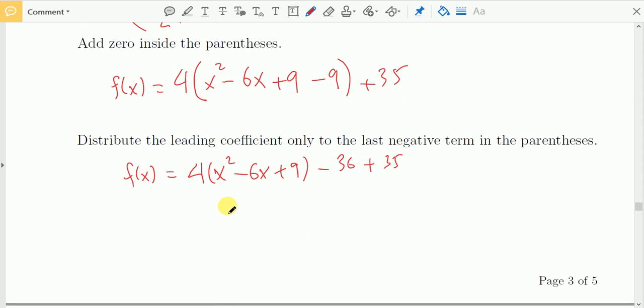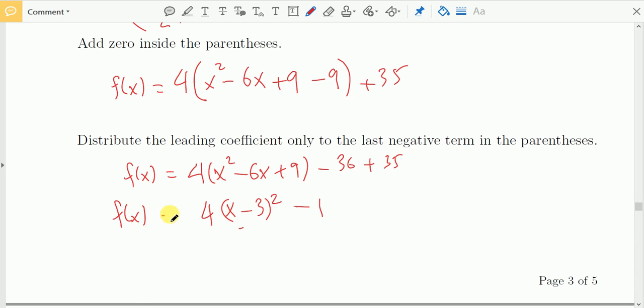This becomes x minus 3, the whole thing squared. So the whole thing inside the parentheses becomes x minus 3 squared, because we take x minus half of this number, which is 6 divided by 2 is 3, and square the whole thing. If you expand this out, you're going to get the whole thing back by completing the square. And then we bring down the 4, and minus 36 plus 5, that's minus 1.